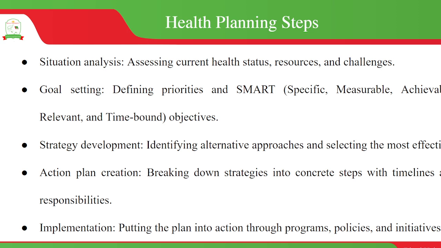And then now look at the different ways in which this problem can be solved, the different approaches, and then select the most effective solution, and then create an action plan, which we can say is what we call an implementation plan. Okay, what are you going to really do in order to see that there is change?